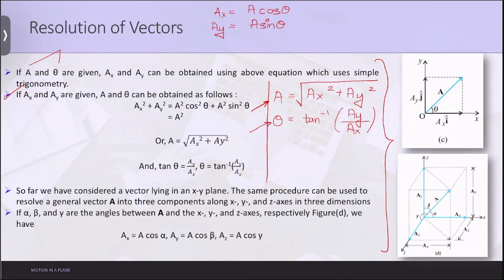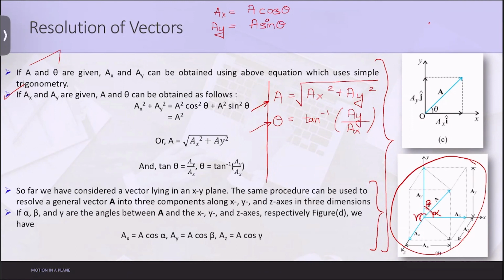Then we also understood that we can extend this to a three-dimensional axis. This is one example, where the resolved vectors of A are inclined at different angles, with components AX, AY, and AZ. This is your alpha, this is your beta, and this is your gamma.